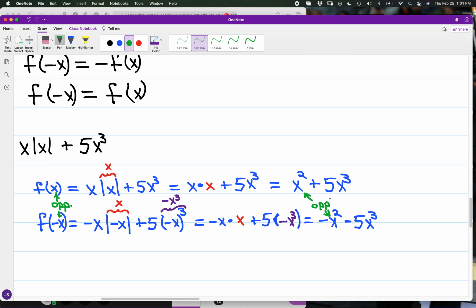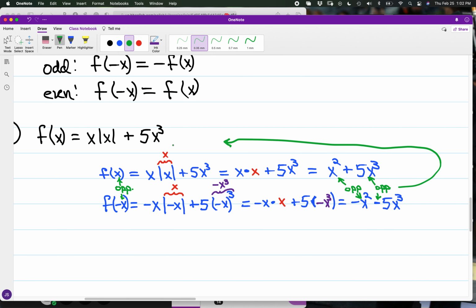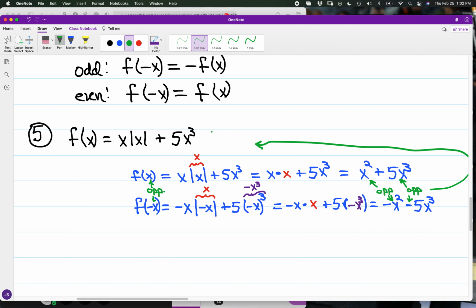For the second term, f of x has positive 5x cubed and f of negative x has negative 5x cubed, so these are also opposite. So if opposite sign inputs lead to output terms that are opposite throughout, this means the function is odd. So f of x equal to x times the absolute value of x plus 5x cubed is an odd function.